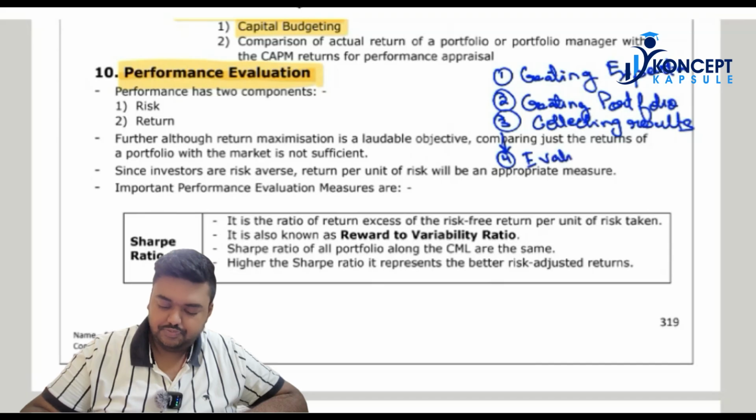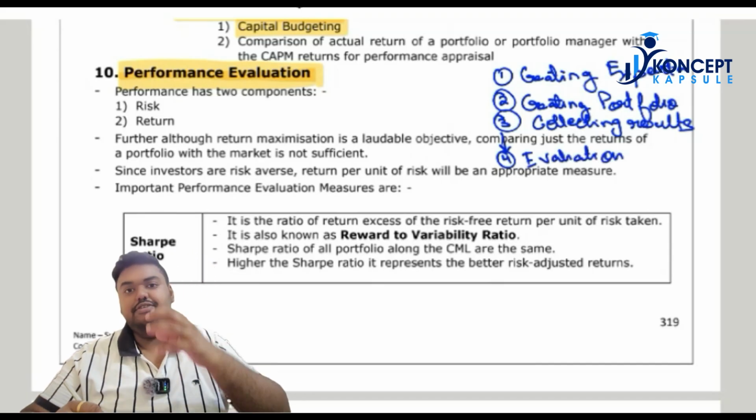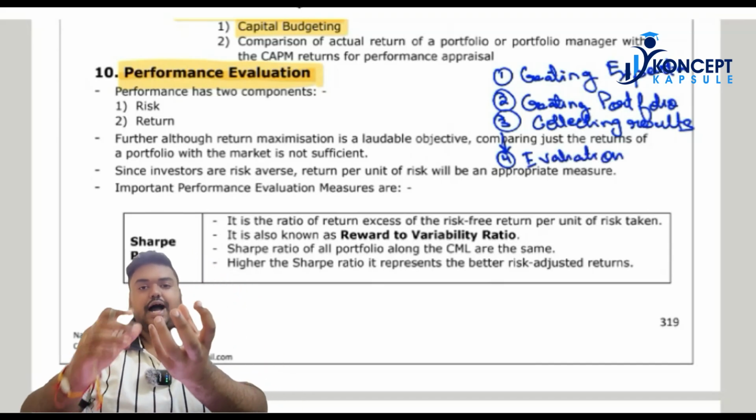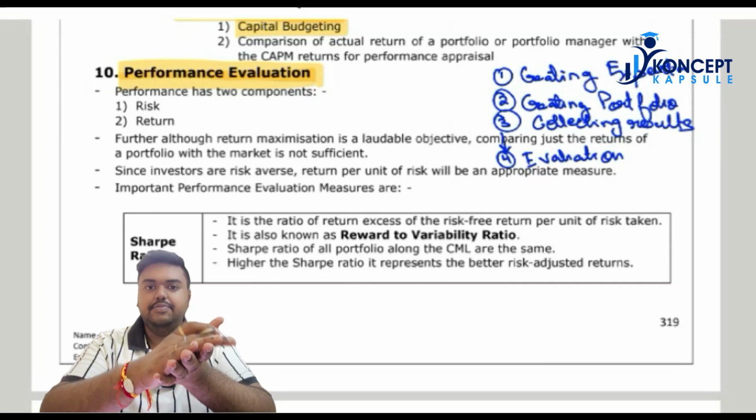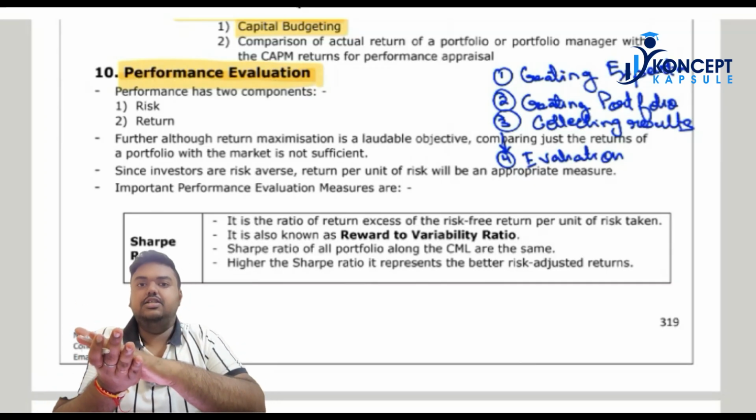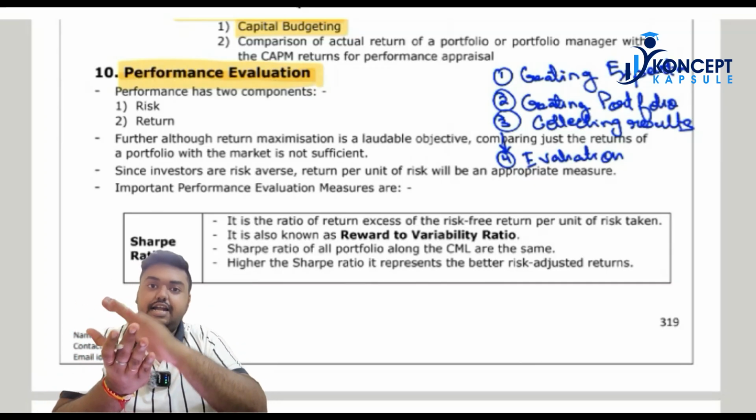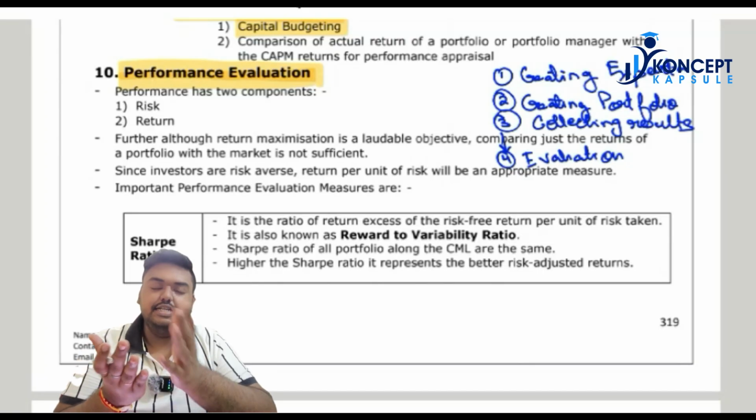Correct. What does evaluation mean? Evaluation means that now I have the actual result at hand, and I also have the expectation which I had developed basis the risk that I'm taking.